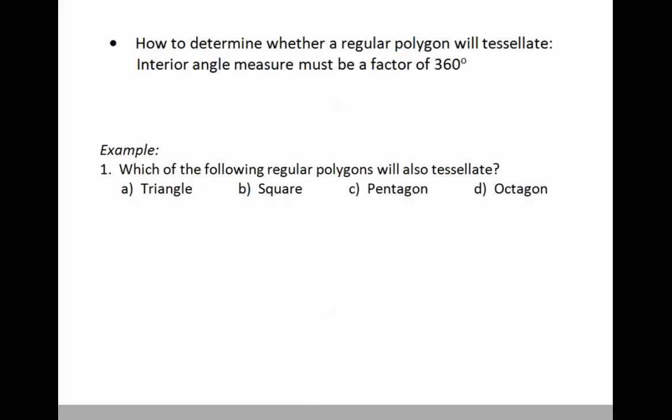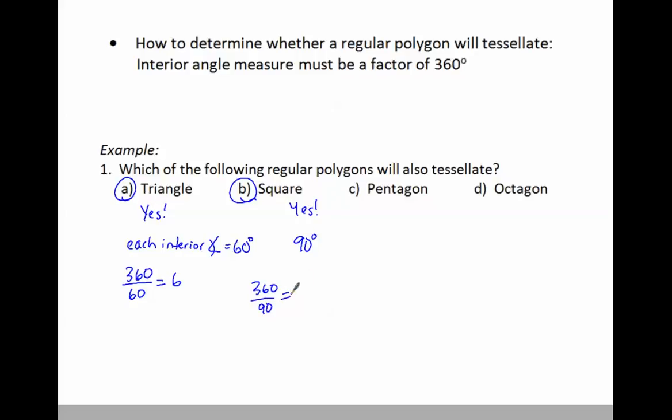So we determined that a triangle will tessellate. Yes. Why? Because each interior angle measures 60 degrees, and 360 divided by 60 comes out to an even amount, 6. Square? Yes. Why? What did we do? 90 degrees was the interior angle, and 360 divided by 90 came out to 4.